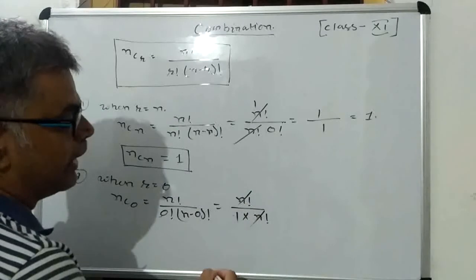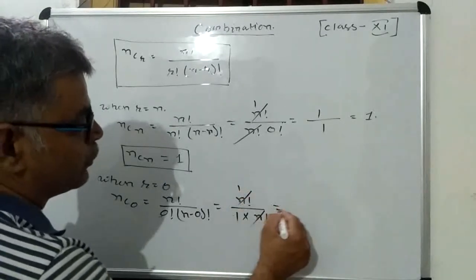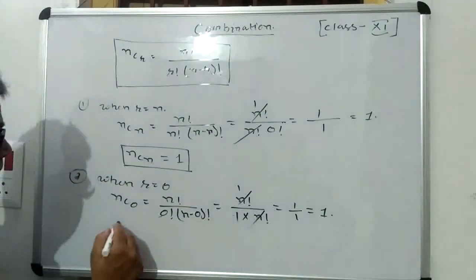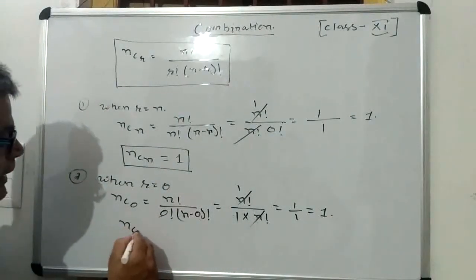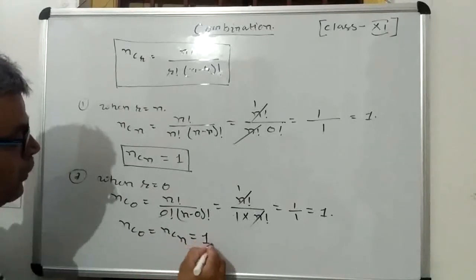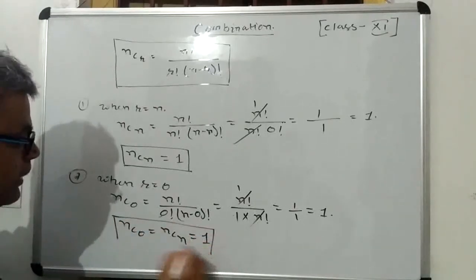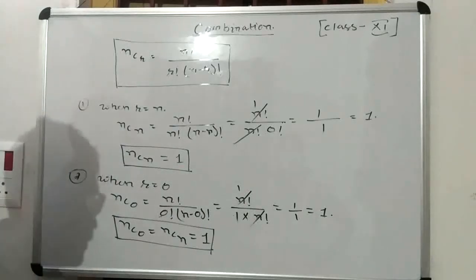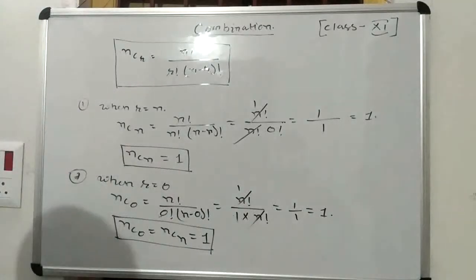This factorial n and n factorial will get cancelled, so it will be 1 by 1, that is 1. It means there is another result, nC0 equals nCn equals 1. So these are the two important results related to the combinations.